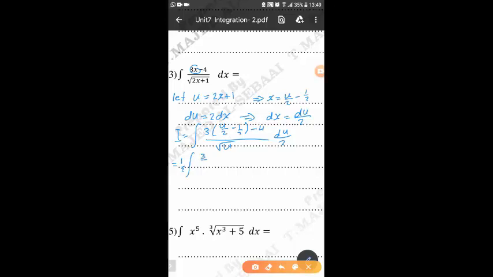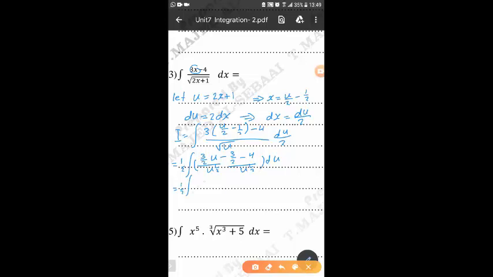It will be 3 over 2 u minus 3 over 2, minus 4. Just a minute, because I can add this with this. So it will be u to the power of negative half, du, equals half integration.